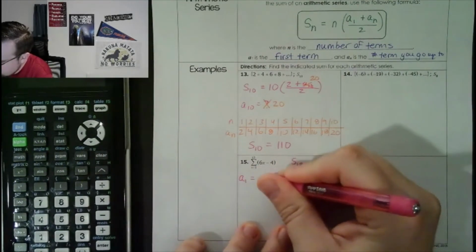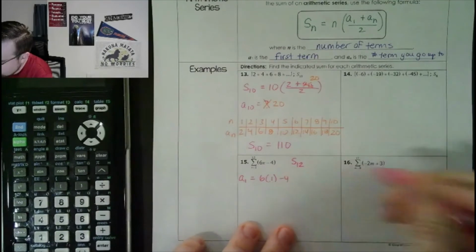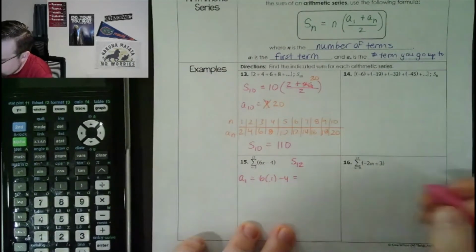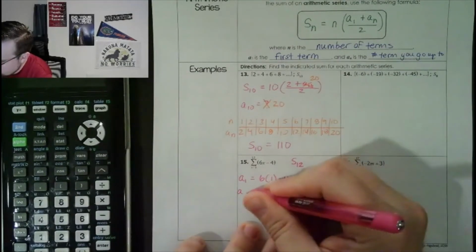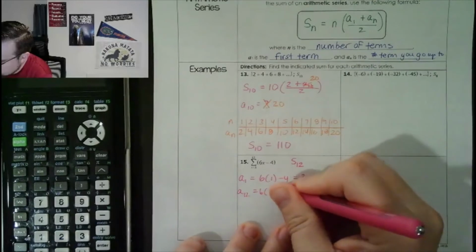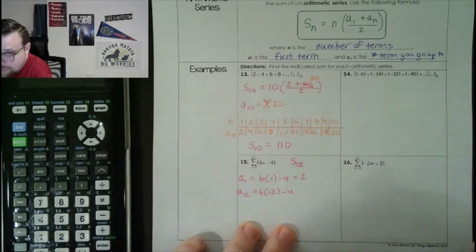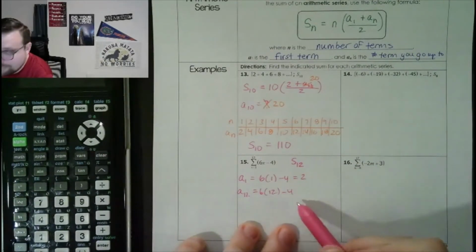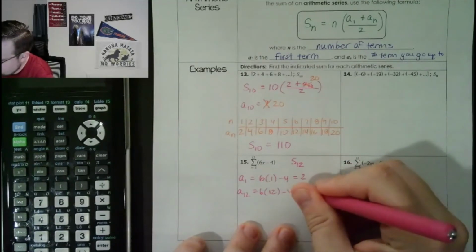That's going to be 6 times 1 minus 4, which is 6 minus 4, which is 2. And then we need to find the last term, which is a sub 12. That's found by this rule, 6 times 12 minus 4. That's 72 minus 4, which is 68.